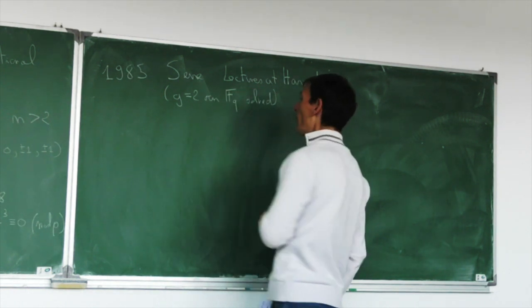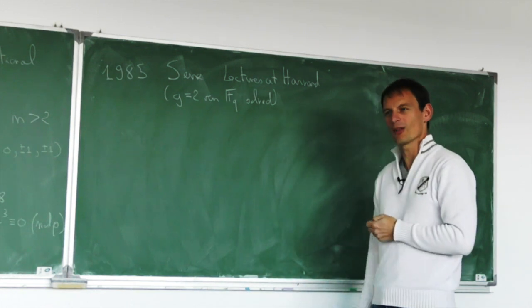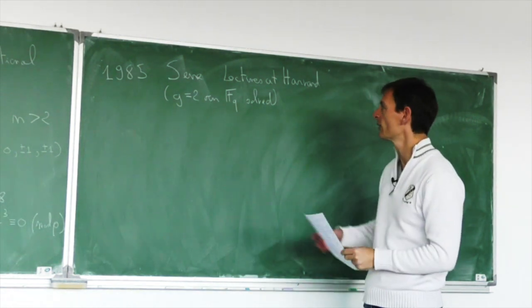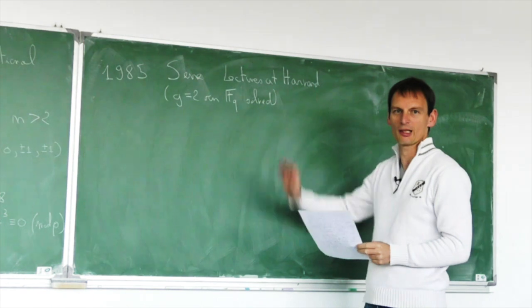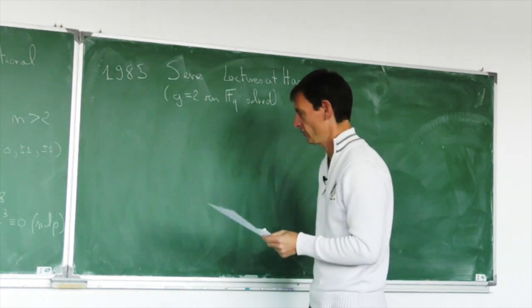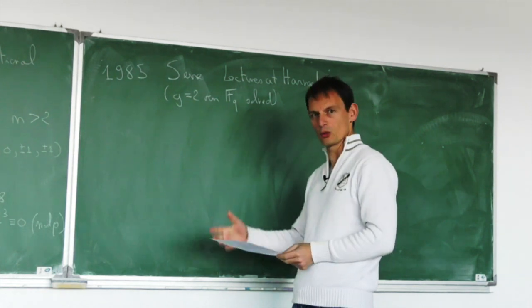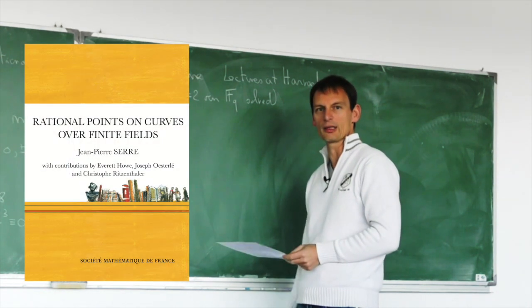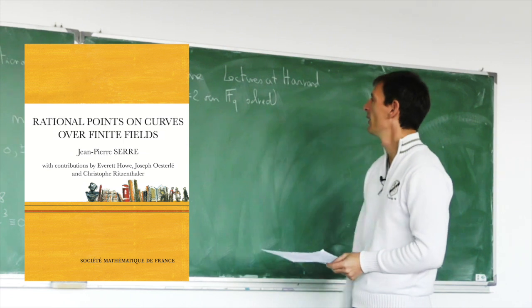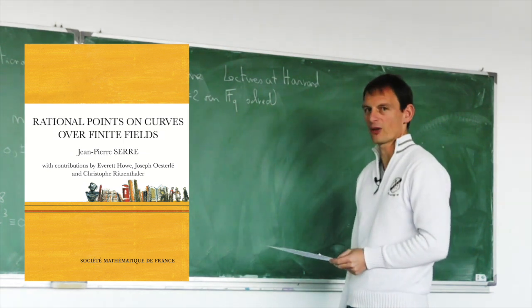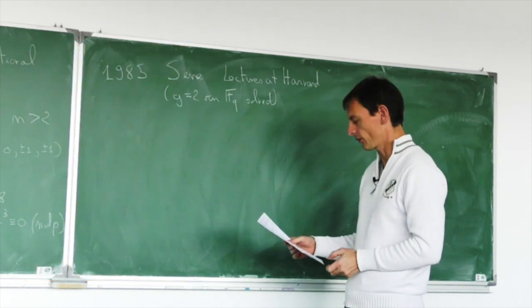So this also gives you a measure of the complexity of the problem, because Serre did the case of genus 2. So you can imagine. And these lectures at Harvard are going to be published this year, so you can even have a proper copy of these lectures.